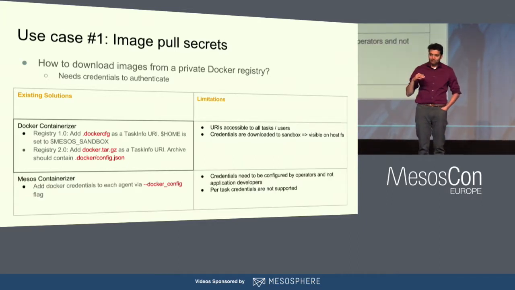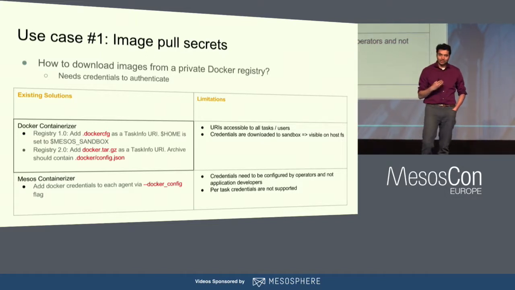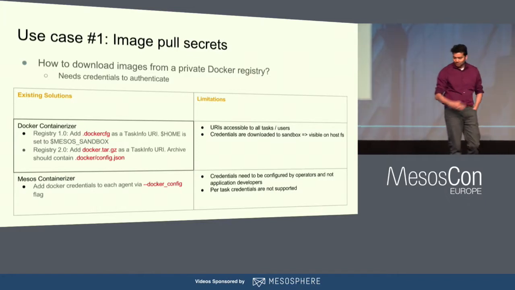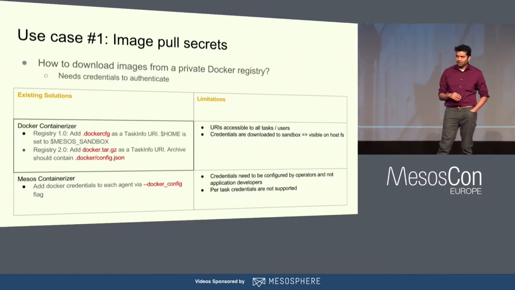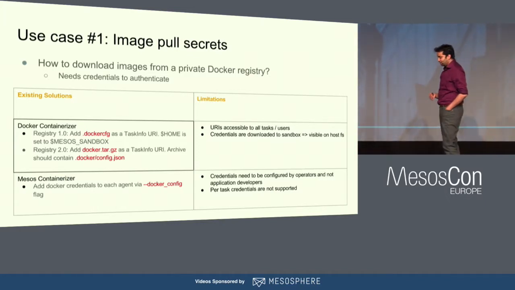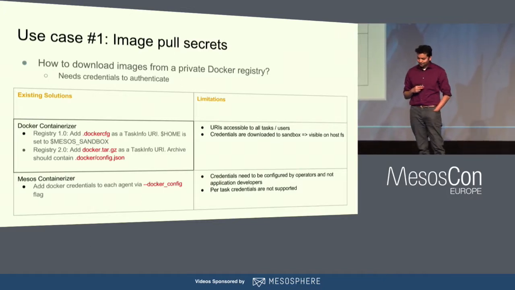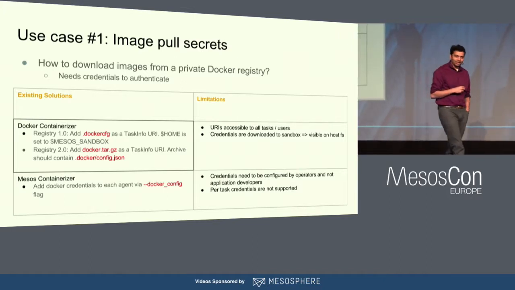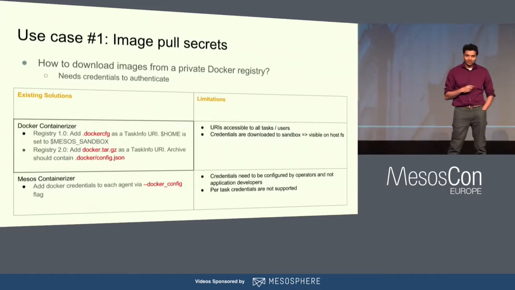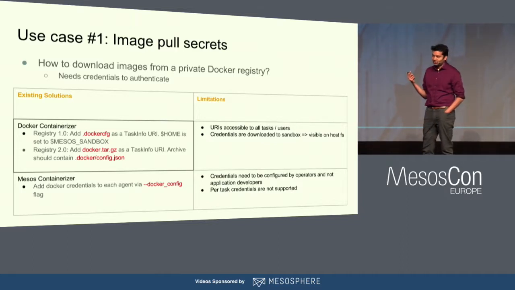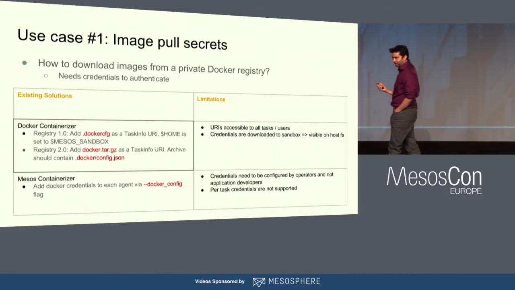If you have to use the Mesos containerizer, the only way that you could pass credentials today is by setting a Docker config flag on the agent, and you pass the Docker credentials on the agent. Obviously, this is not great either because, for one, this means operators have to know the credentials that users are using, because operators are the ones who typically configure an agent.